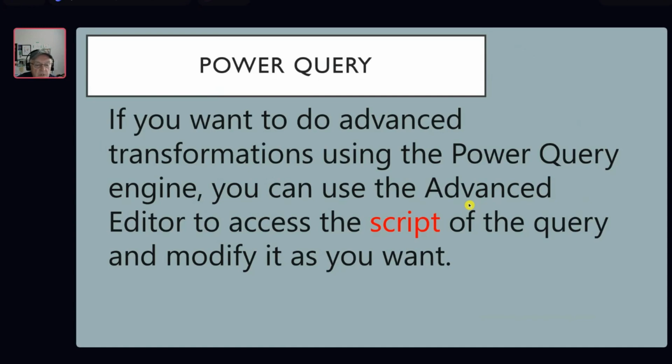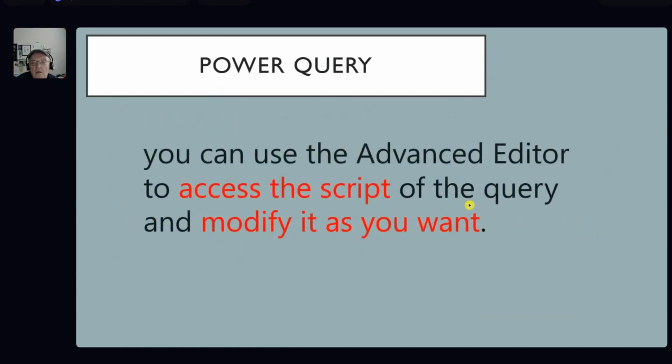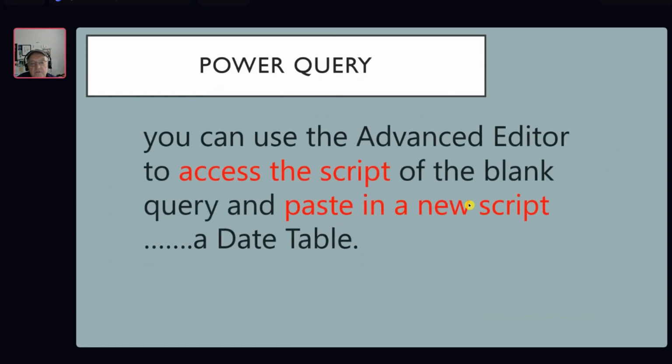So that's worth repeating. You can use the Advanced Editor to access the script of the query and modify it as you want. Or another way of saying that is you can use the Advanced Editor to access the script of a blank query and paste in a new script, a date table.